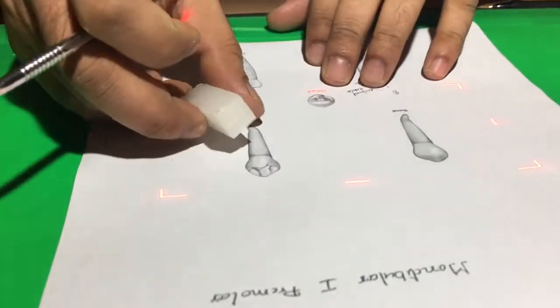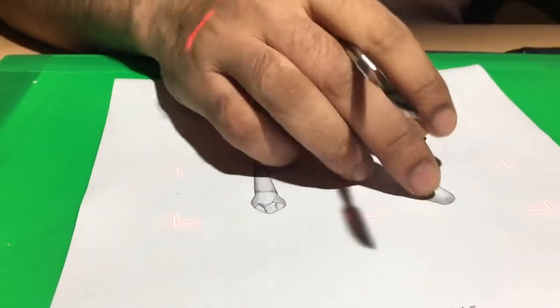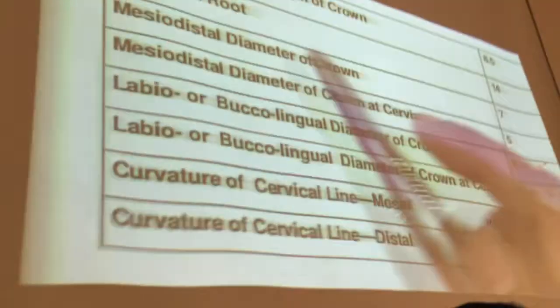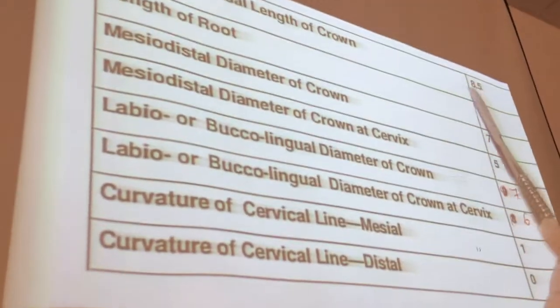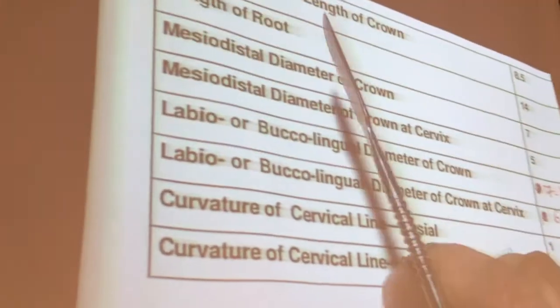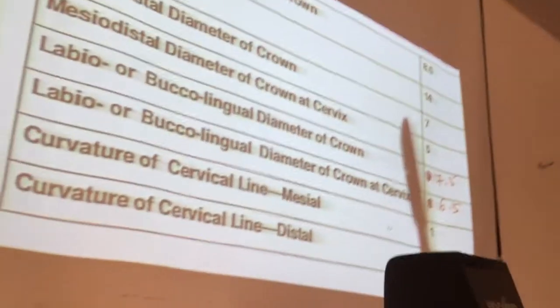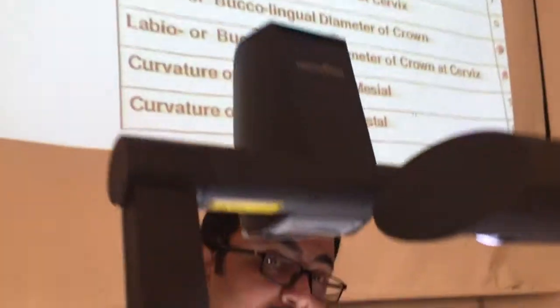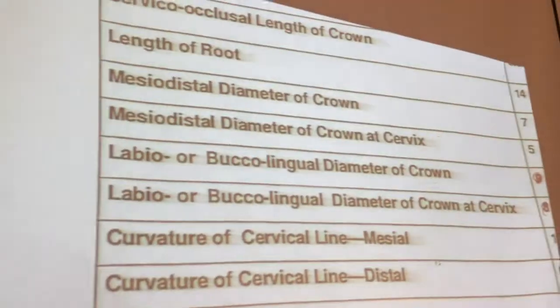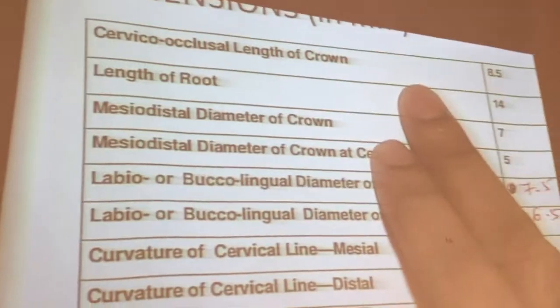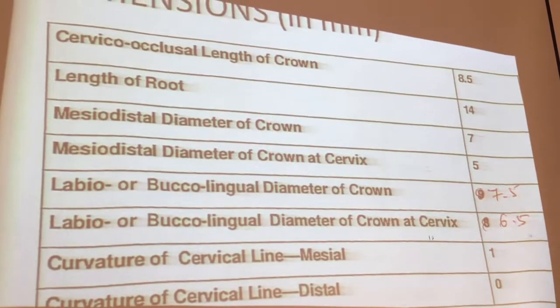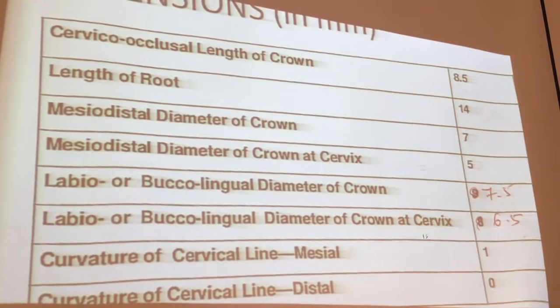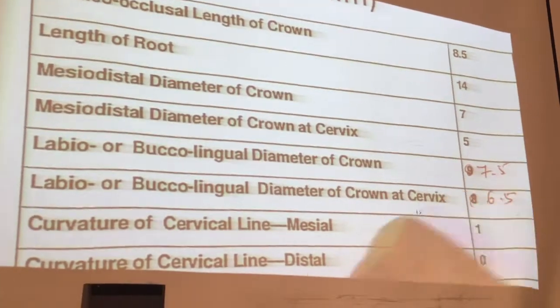Okay, if you see the measurements, the cervico-occlusal length of the crown is 8.5 mm.